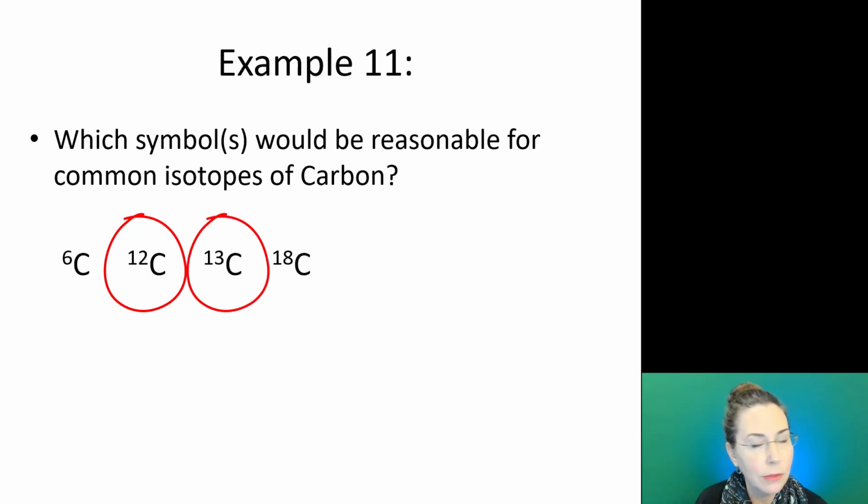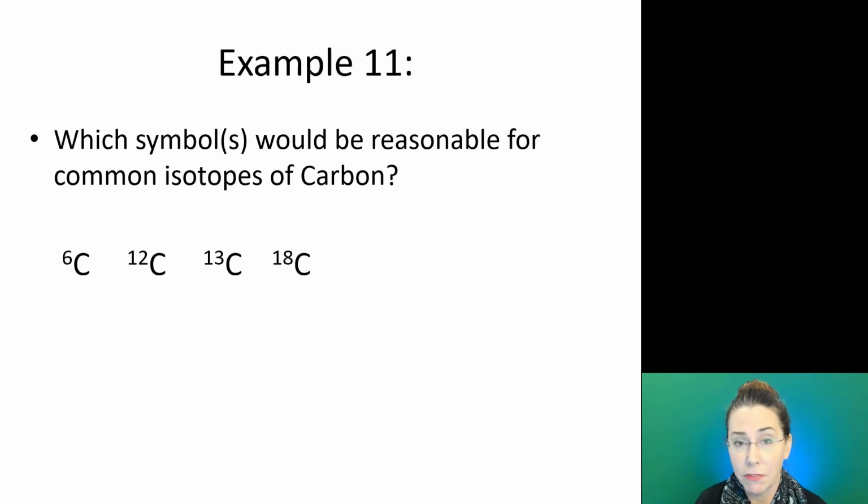Carbon-6 would have no neutrons at all. That would be very far out of the norm. And carbon-18 would have 12 neutrons, which is 6 more than normal. When we get too far away from the common isotopic mass, we become less and less likely to exist. So carbon-6 and carbon-18 would be very unlikely. Thus your answer would be carbon-12 and carbon-13.